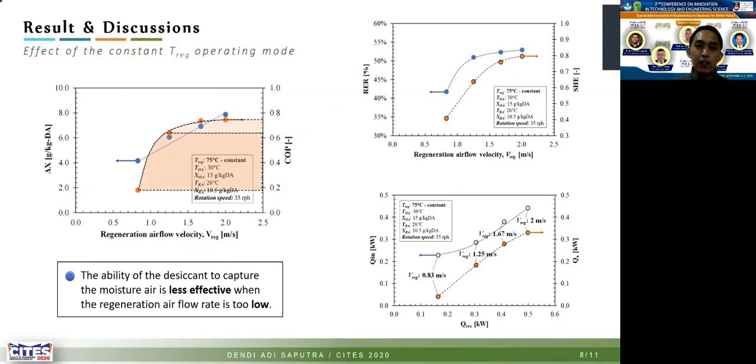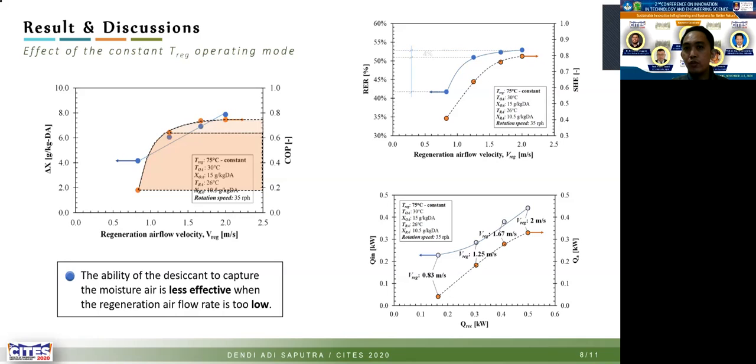But from 1.25 meters per second to 0.83 meters per second, there is a significant drop in the humidification performance and the system performance.